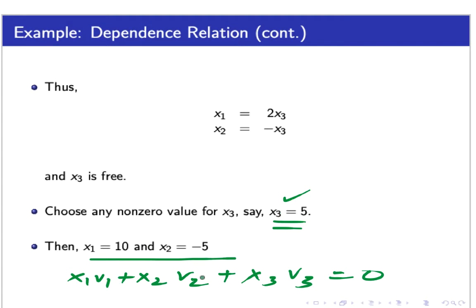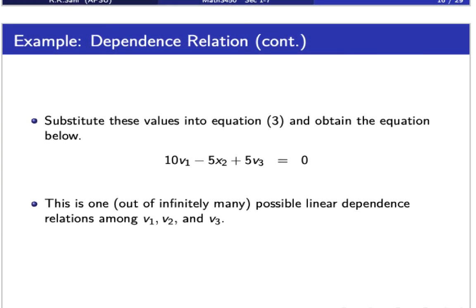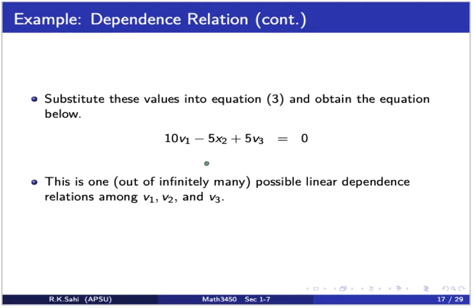When you plug these values into this vector equation, we get the linear dependence relationship. So here is the linear dependence relationship, and this is one of infinitely many. Remember, it's all in the hands of the free variable. You change the value of the free variable, you get a new linear dependence relationship.